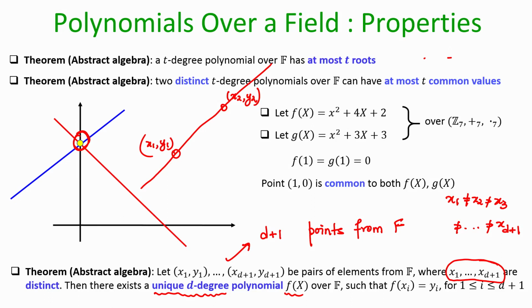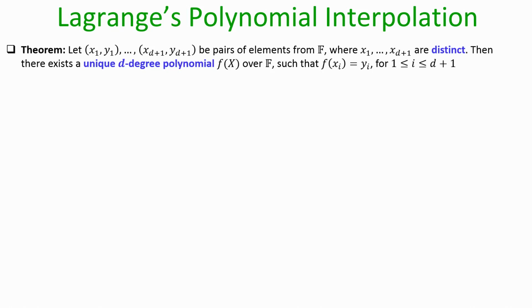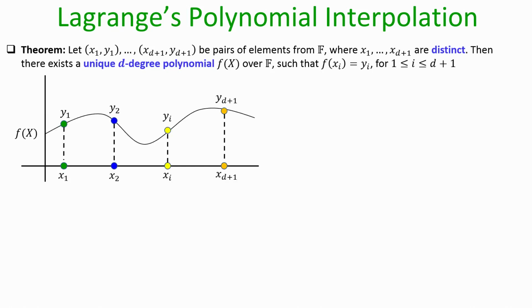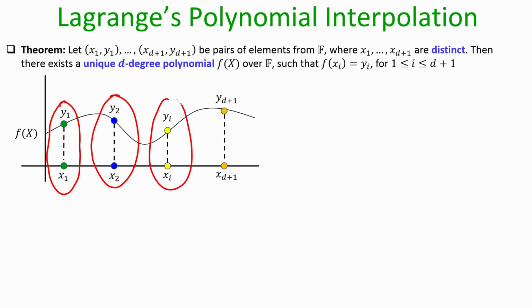What I am saying is, if you are given d plus 1 such x y pairs where the x coordinates are distinct, that ensures that your d plus 1 x y pairs are distinct elements, none of them are the same. Then you can find a unique curve, that curve I am calling f of x, whose degree will be d and which passes through those d plus 1 x y pairs. So, this is what I am claiming pictorially. You are given x 1 y 1, x 2 y 2, x i y i and x d plus 1 y d plus 1.